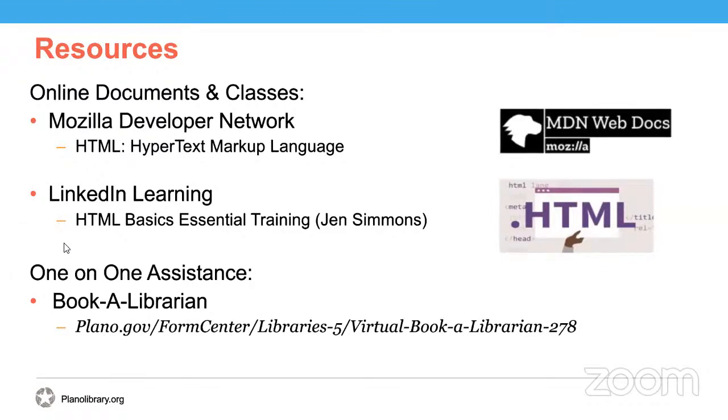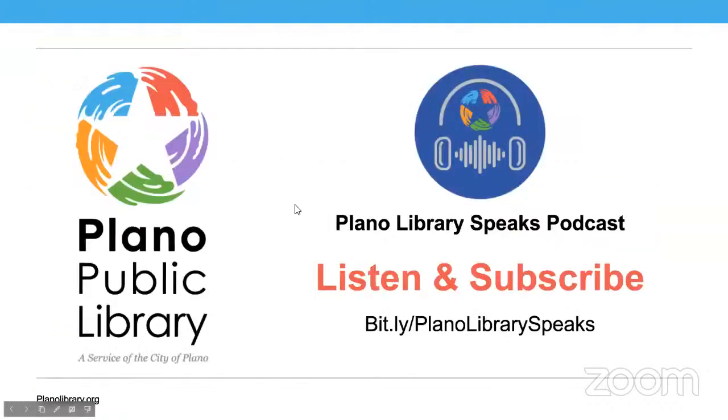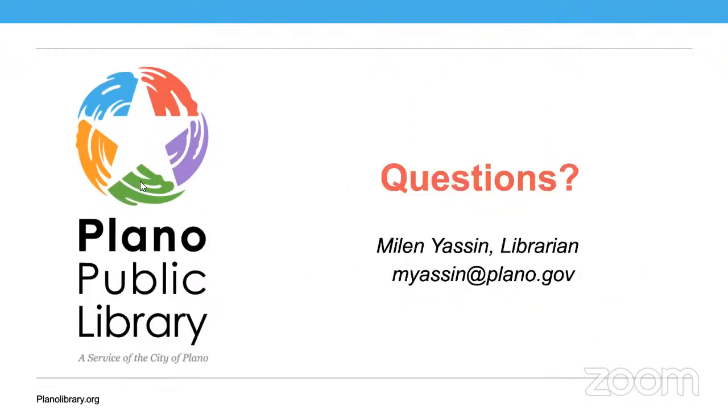LinkedIn Learning has several classes on web development, one of which I recommend is the HTML Basics Essential Training by Jen Simmons. Google Librarian is another great resource you can use. You can find the form on our site, planolibrary.org, under our About section, titled Help from a Librarian. Be sure to check out Plano Library Speaks podcast to learn more about your Plano libraries and our staff.